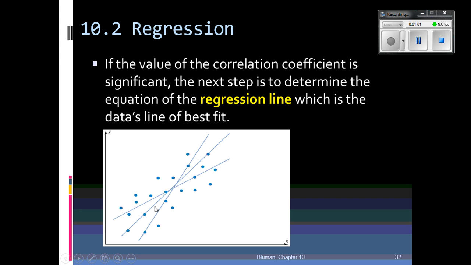So, for instance, let's say this is our scatter plot, and we have a bunch of points all over the place. Which one of these would be a line of best fit? Is this one best fit the points? Is this one? Which one is the best estimate for all these points? It's not something that you can usually visually just say, yep, this is the best one.